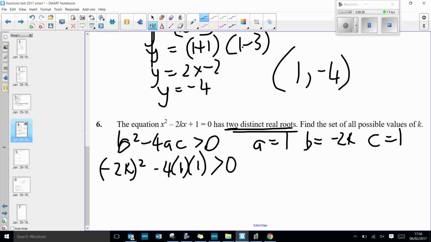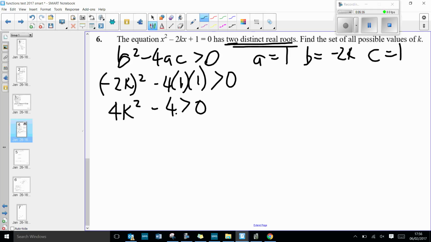Negative 2k all squared is 4k squared. So there's different ways of doing this. So we could say 4k squared is greater than 4, k squared is greater than 1.